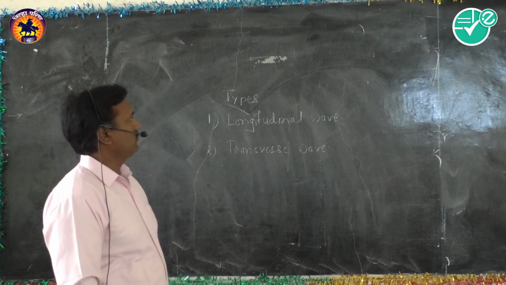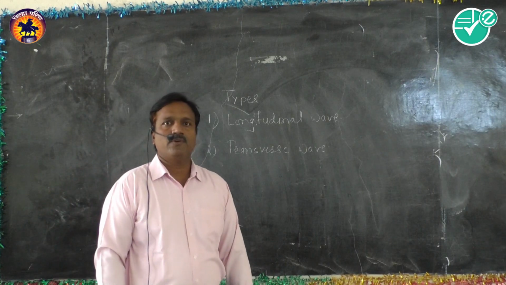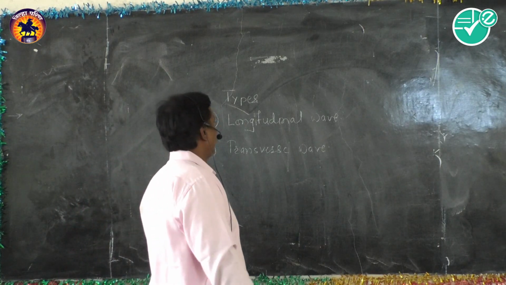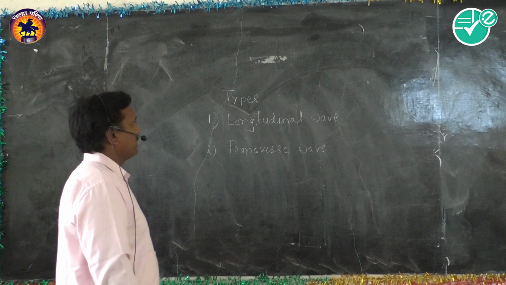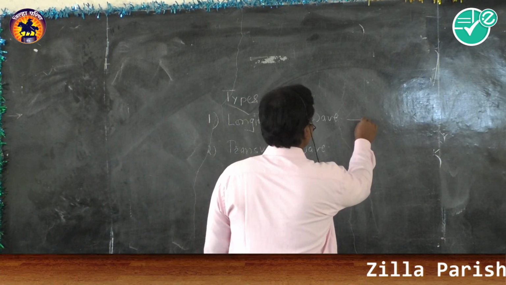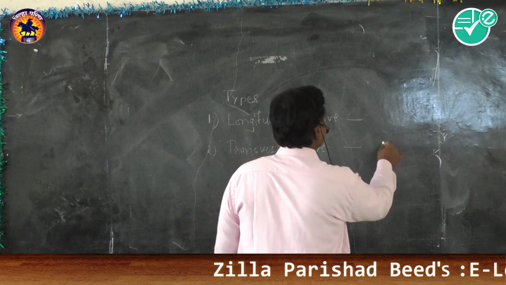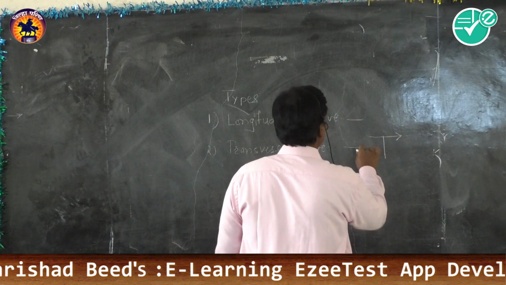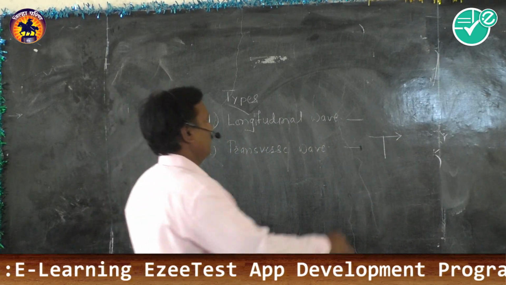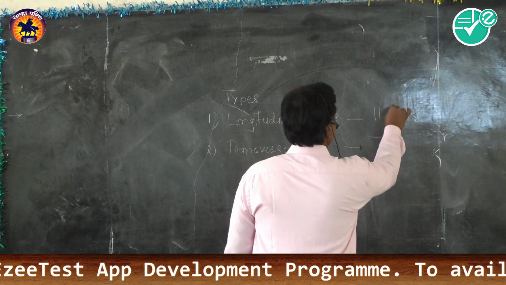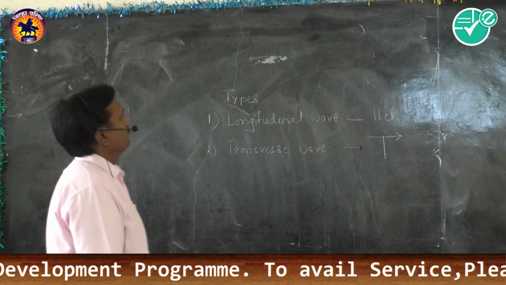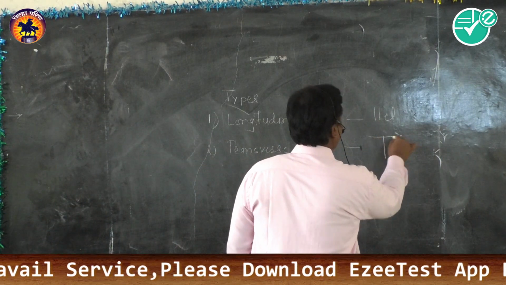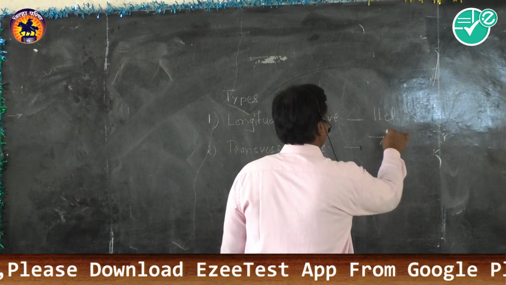In case of a transverse wave, the particles of medium vibrate in a direction perpendicular to the direction of propagation of wave, and therefore this can be seen like that: the direction of propagation of wave is like this, and this is the direction of vibration of particles of medium.